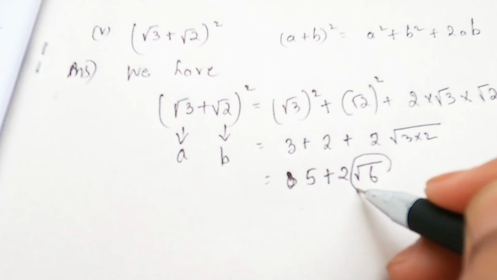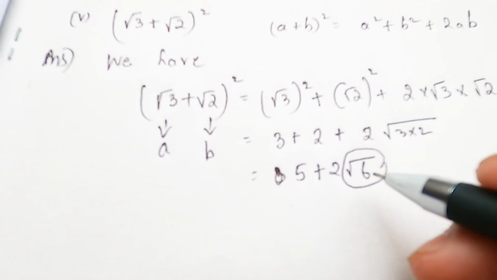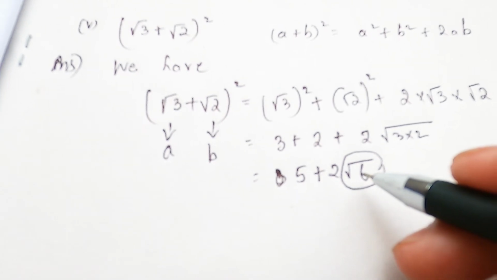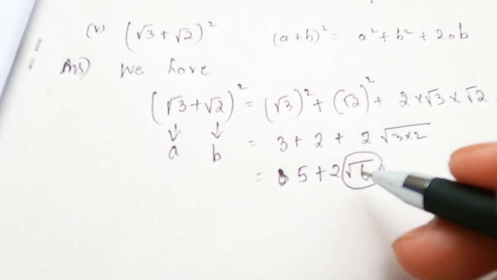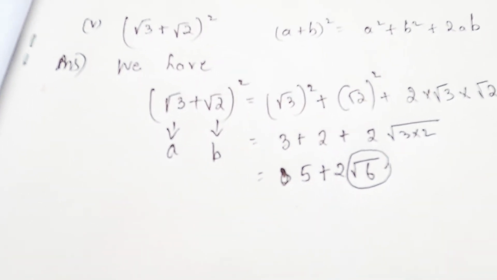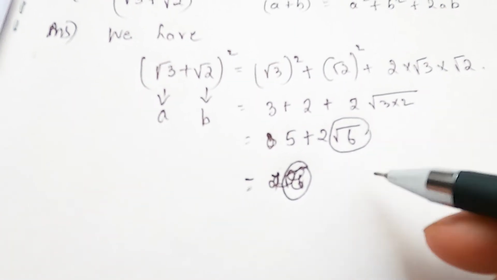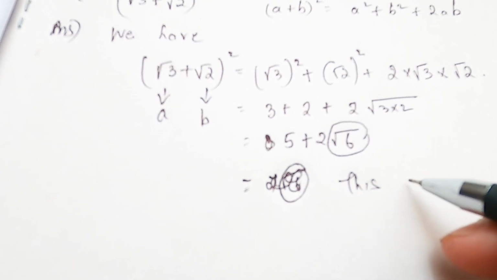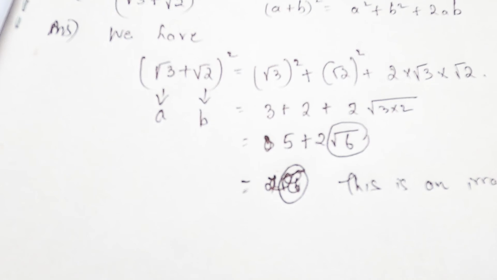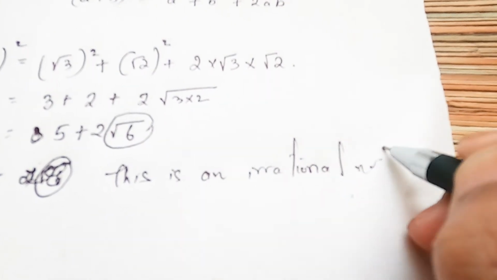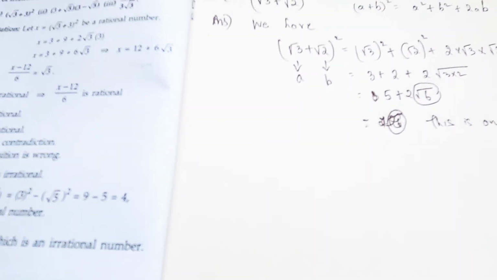So in this case root 6 is an irrational number, so we can say that this is an irrational number. All right. So here you will write this is an irrational number.